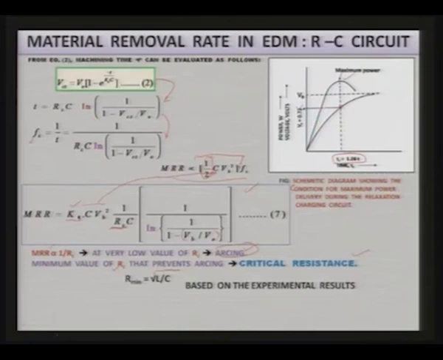It is based on experimental results. People conducted a lot of experiments and found that R minimum is equal to 30 multiplied by the square root of L by C. This is valid for certain machining conditions and certain tool and workpiece material.